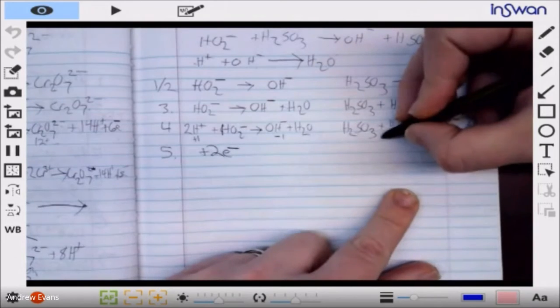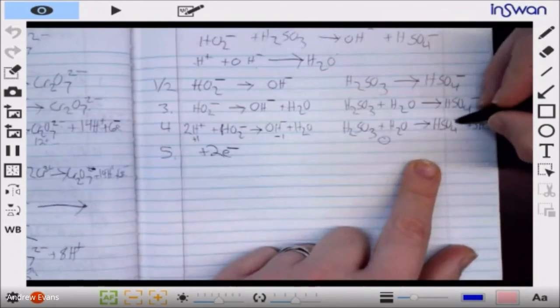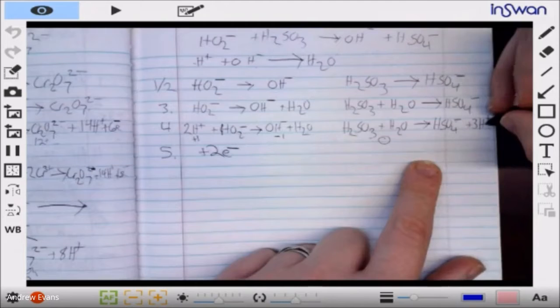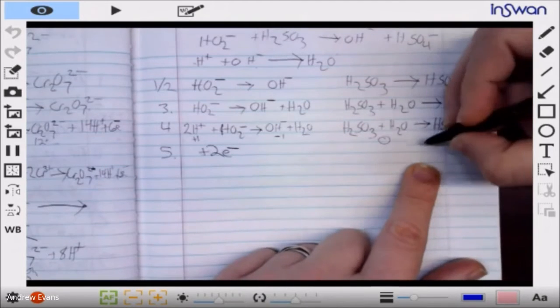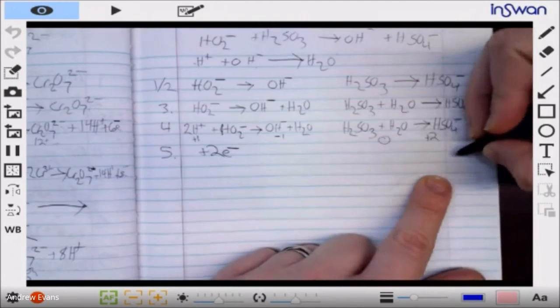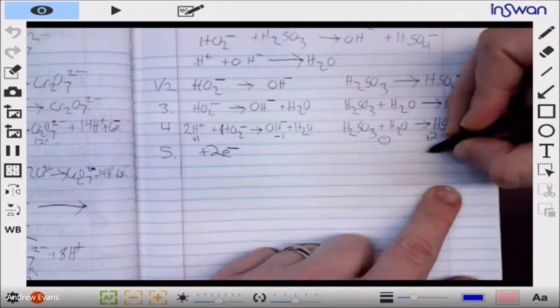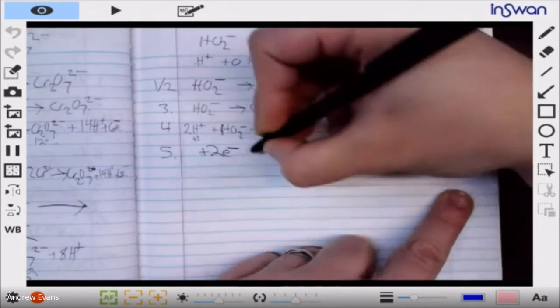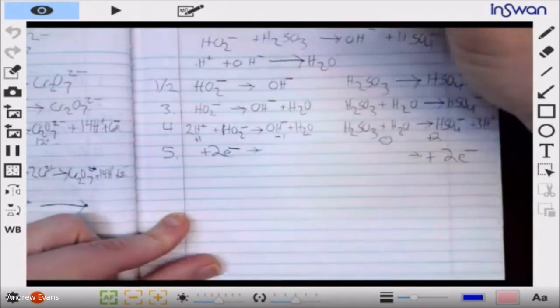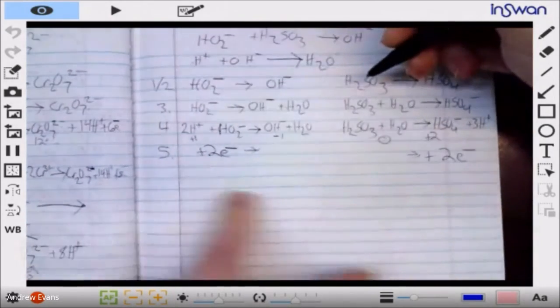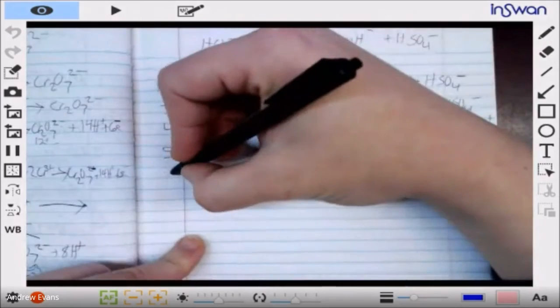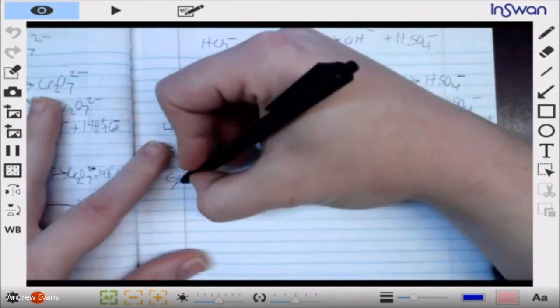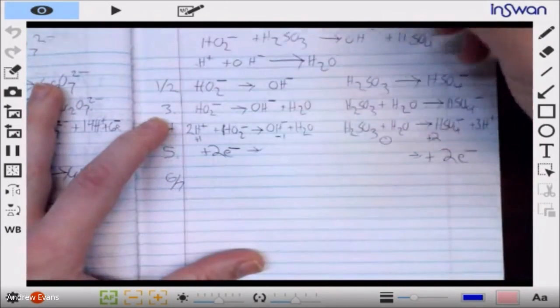Neutral, neutral, this is 0. 1 minus plus 3 is 2 plus. How do we get from 2 plus to 0? We're going to add 2 electrons on the right. So the greatest common factor is 2 and 2. So we don't have to do anything there. So for step 7, we're going to just add these guys together.